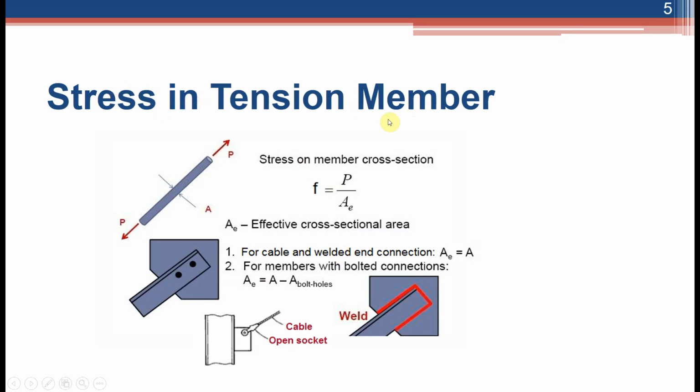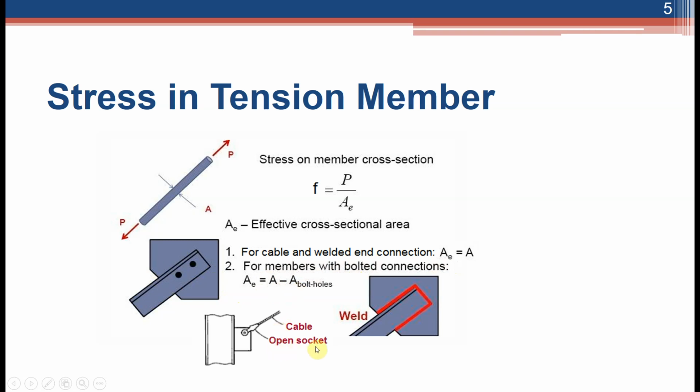Stress in tension members. When you look at the simple steel rod subjected to tensile force P at both ends, then the stress on the cross section of this member is nothing but f equal to load upon effective cross-sectional area. Similarly, for cable and welded end connections, A effective is equal to A. For members with bolted connections like this, effective area is equal to gross area minus area of bolt holes.